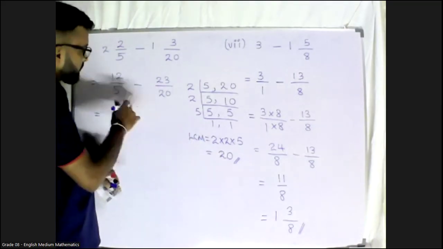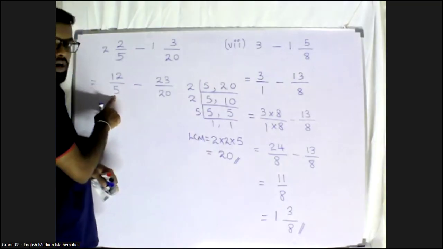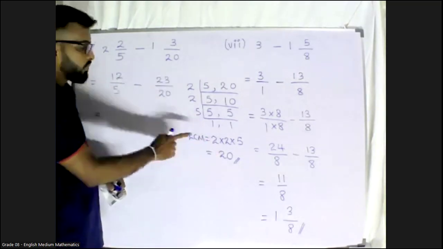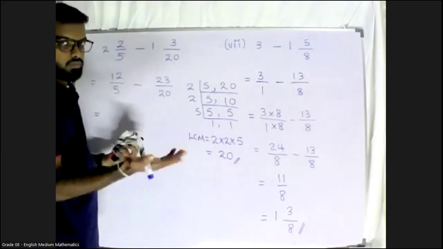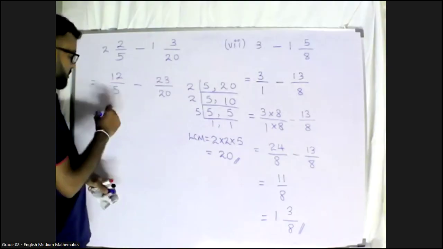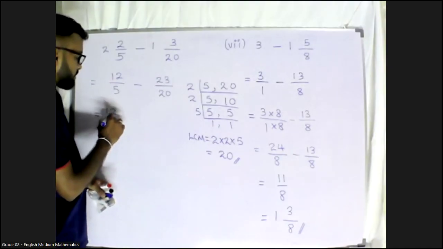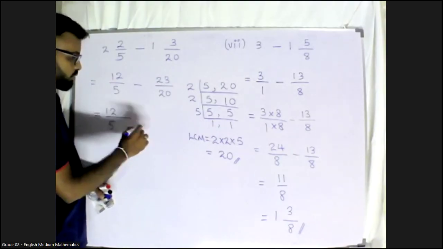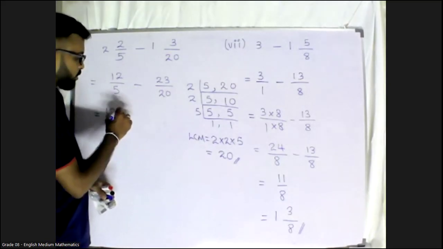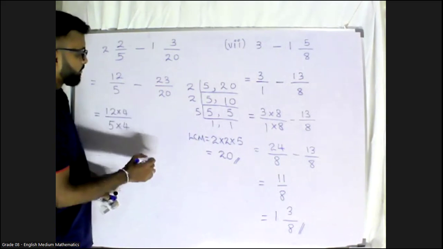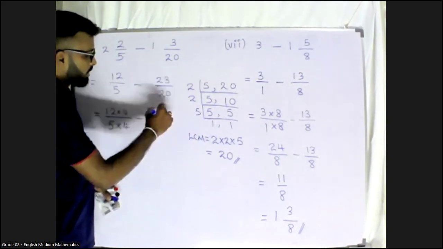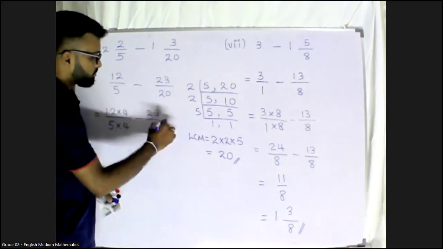Now here, check the denominators. Here you have 5, and you know how to convert it into 20. And here you have 20, so nothing to do, you just write this. So how to convert this 12 over 5 into 20? You have to multiply both the numerator and denominator by 4. And minus, you can keep this as it is.